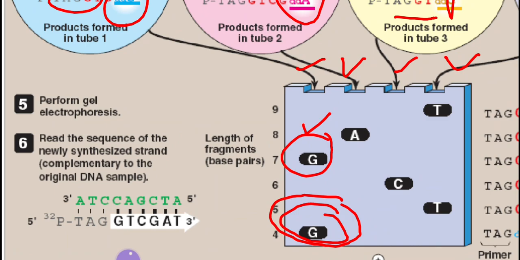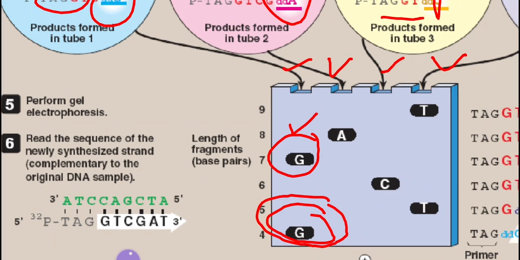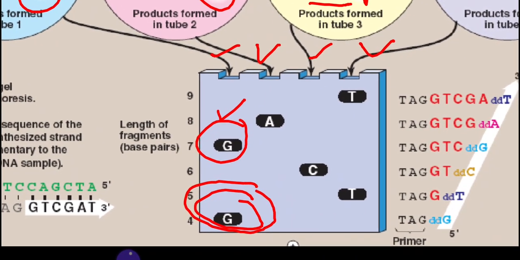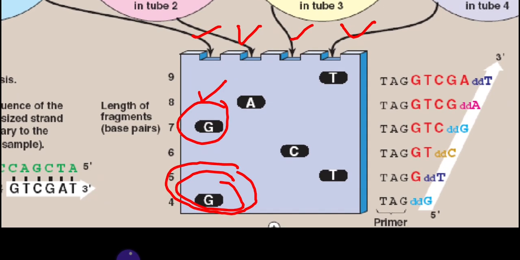Now the sequence is read: the sequence of the newly synthesized strand, complementary to the original DNA template, and these stains on the gel show the length of the fragment.